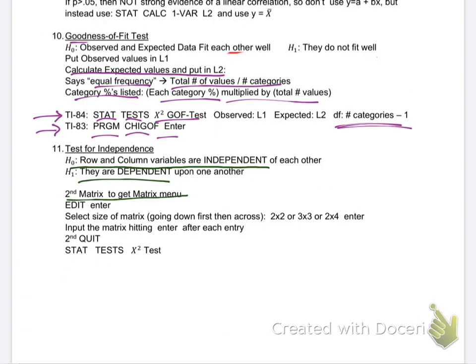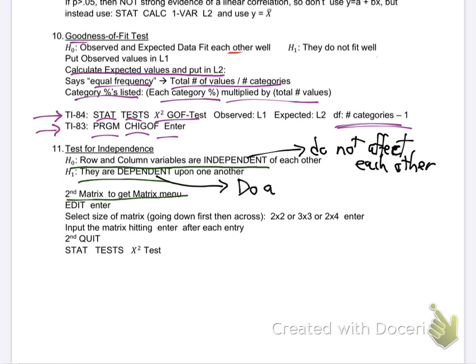For the test for independence, H0, independent means they do not affect each other. Whatever the variables are, they don't affect each other. And dependent means they do affect each other.